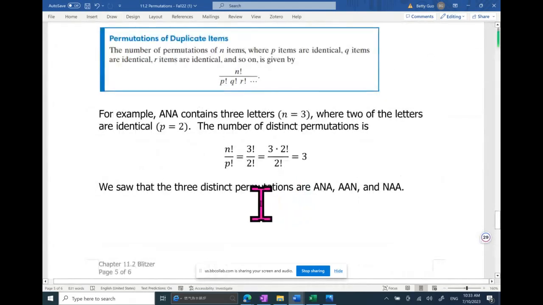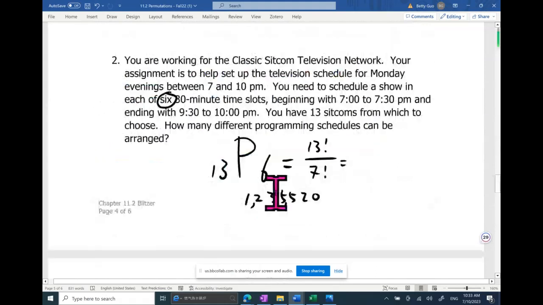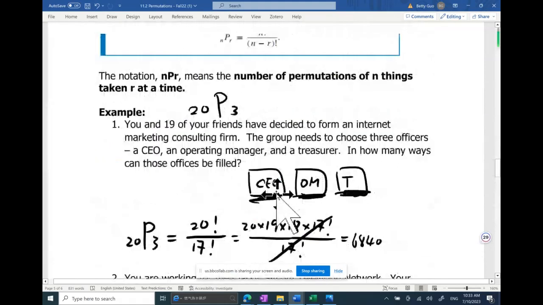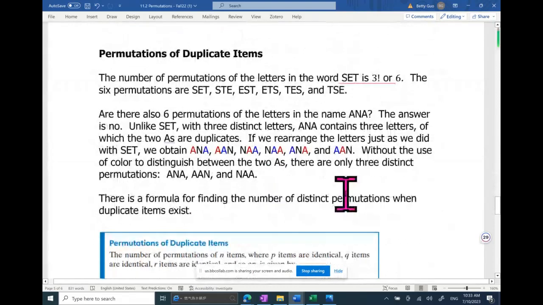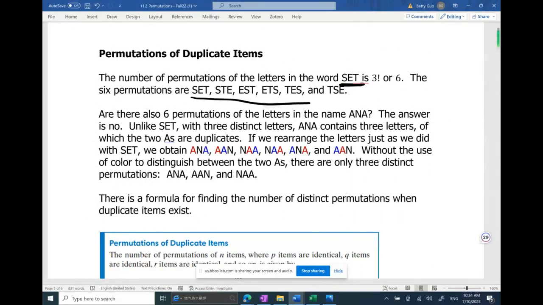And the guided note has a simple example. As you can see, if we consider 3 letters SET, we have 3 factorial, which is 6 arrangements, right? Ordered arrangements.